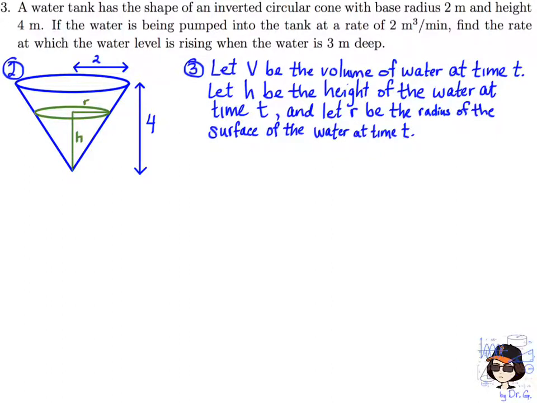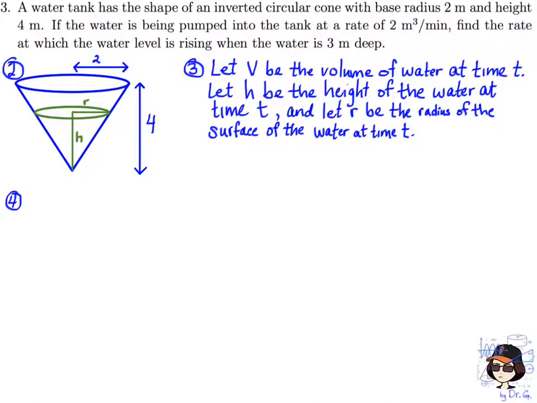So there's the water, the green cone inside the conical tank. That's the water. And notice I labeled the height H. I did not label it 3 because the water level is not constant. It's not always 3. It's changing, so I had to call it a variable. And the radius is also changing, so that gets a variable.